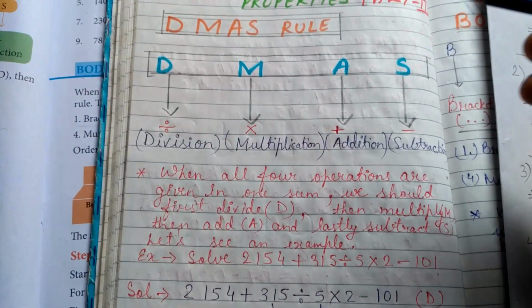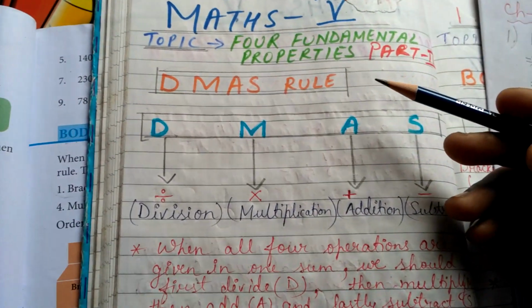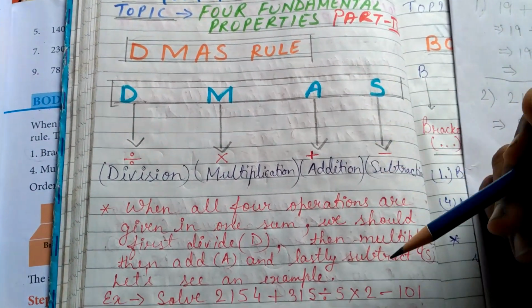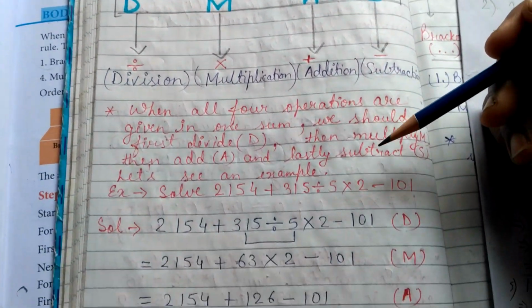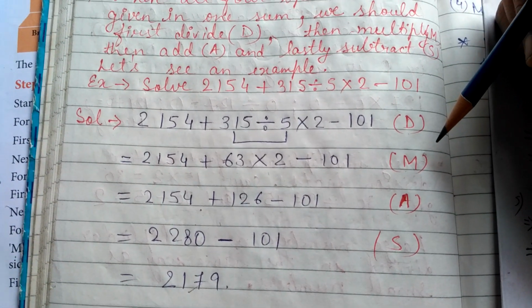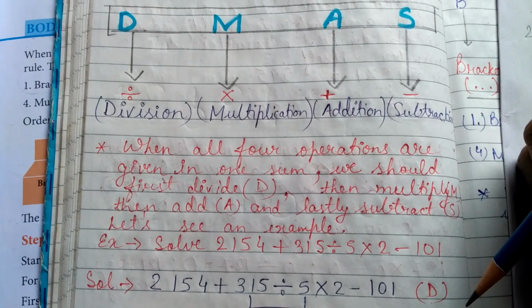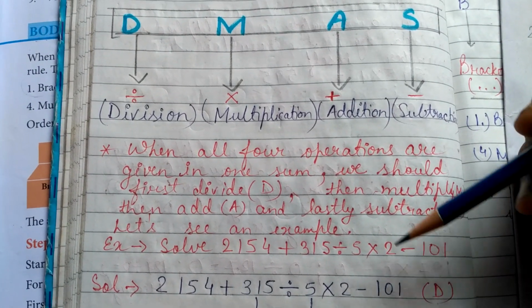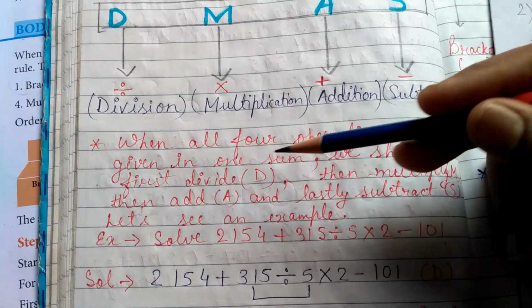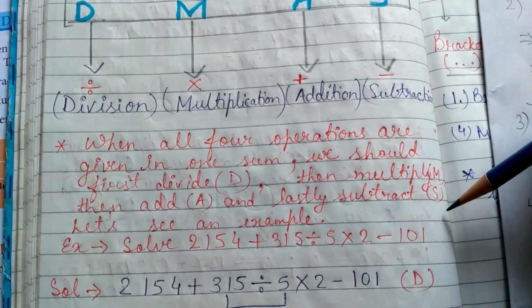So on one page, before starting exercise 2C, you have to complete this DMAS rule with the example as I have written it. Please view this portion of the video for a few more seconds. Yes, so we should first divide, then multiply, then add, and lastly subtract.